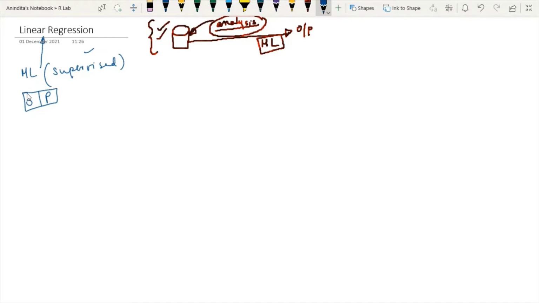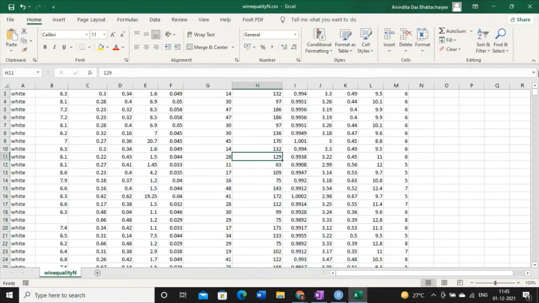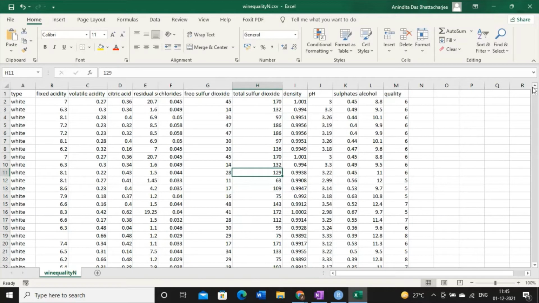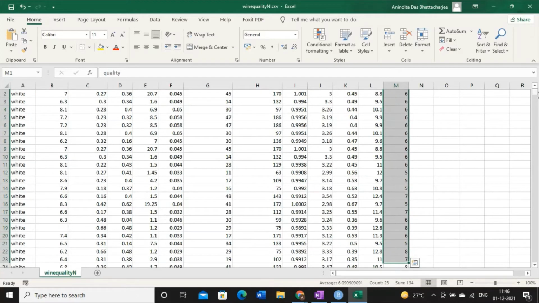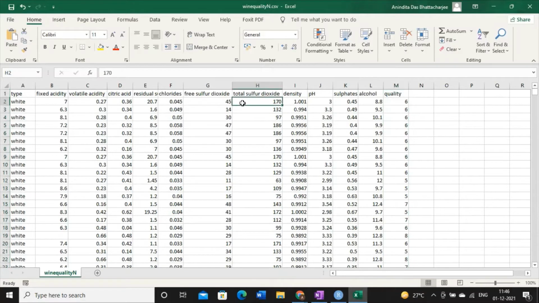I'm giving you one overview. What do you mean by supervised learning? Supervised learning is something in which you have a teacher or supervisor. Using all these inputs, we are going to find the quality of the wine. Since this target value is given to us, it means we have some support. If fixed acidity, volatile acidity, citric acid are the inputs, then the quality of the wine is type 6.